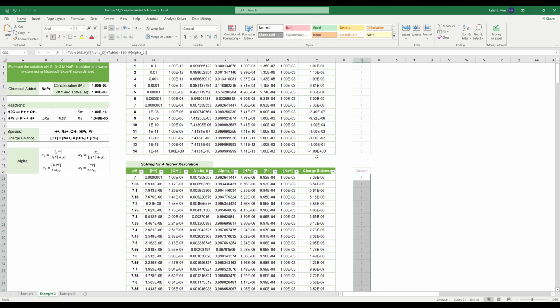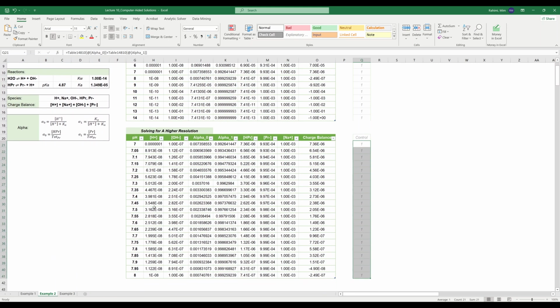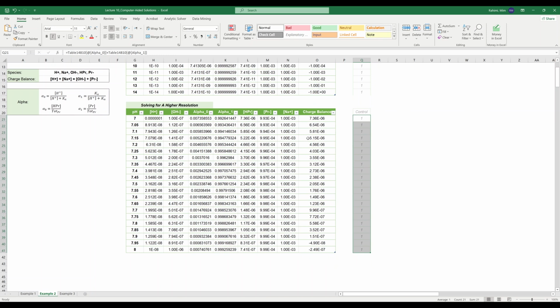Here we zoomed in between 7 and 8. Now when we look at the change in sign, we see that it is happening between 7.9 and 7.95. For this resolution, as I told you, it's acceptable. So the pH is somewhere between 7.9 and 7.95.